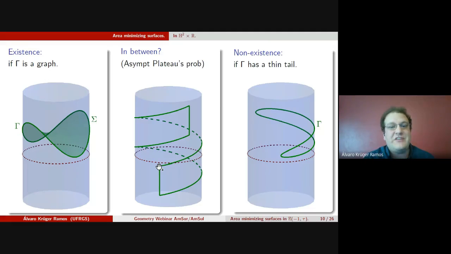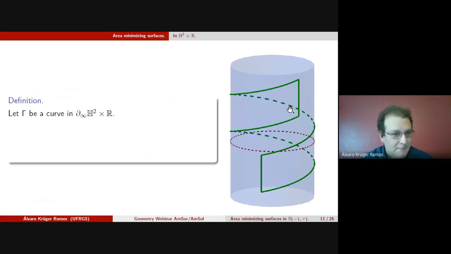You would have to have some kind of fat tail, which would be this vertical segment. On every point, you attain a maximum or a minimum for the angle function. So the curves would look a little like this curve in here. And this is called the asymptotic plateau problem, because these are the curves we still don't know if they exist or if they don't exist.